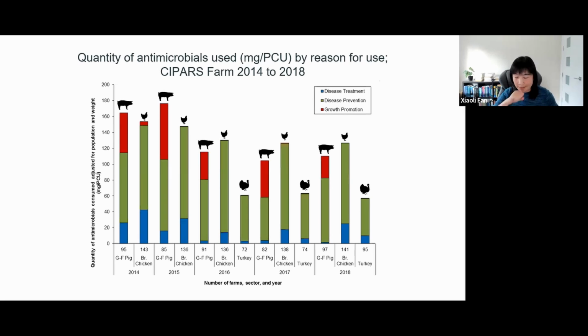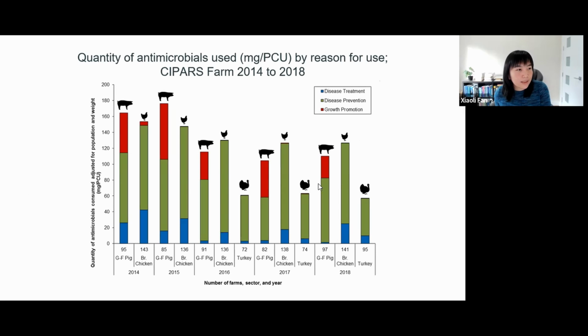Maybe one of the reasons is because the beef industry here is very powerful. But from here, we can tell that growth promotion and disease prevention use of antimicrobials are still the major purposes of antimicrobial use.